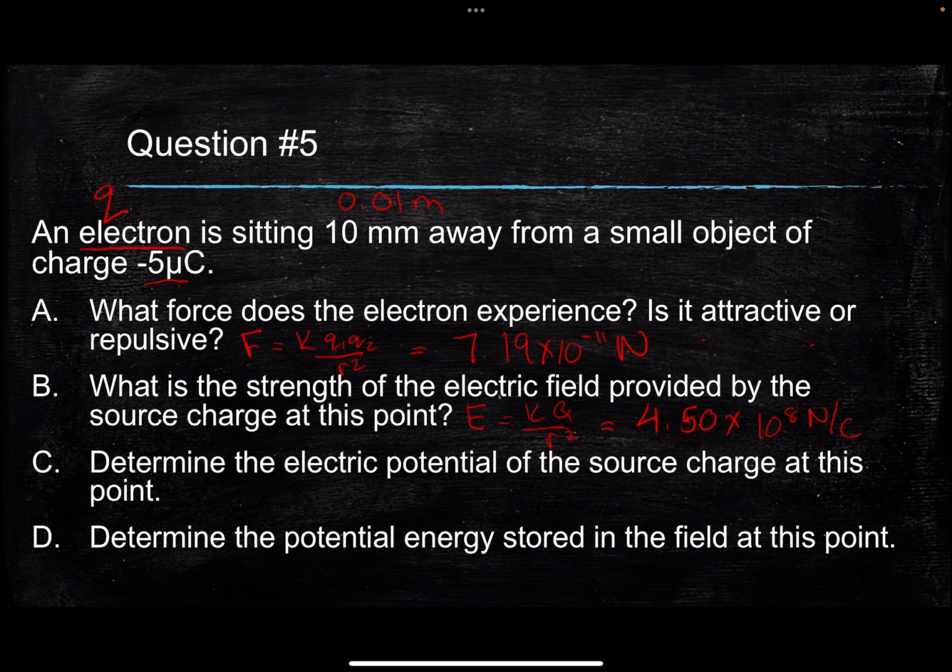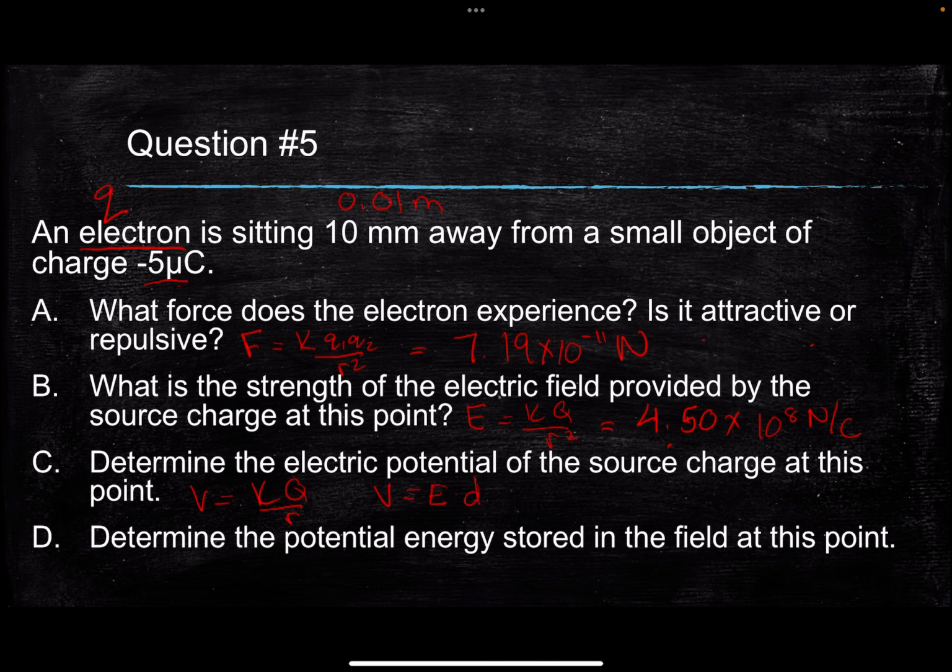Okay. Determine the electric potential of the source charge at this point. So here's the fun part. For the electric potential from the source charge, we are going to use kQ over r. But if you notice, we already have E, and E is kQ over r squared, but we also know that V is E times d.